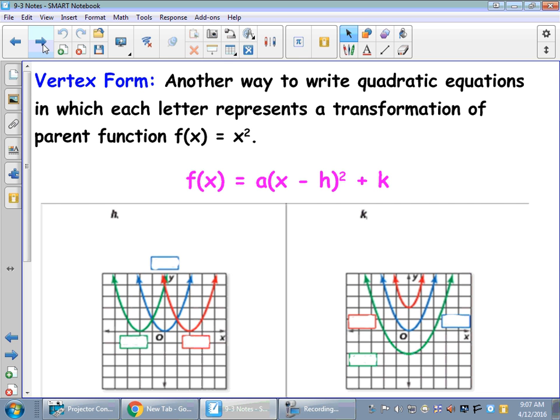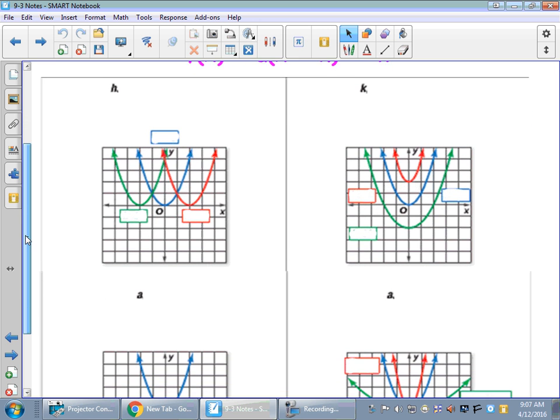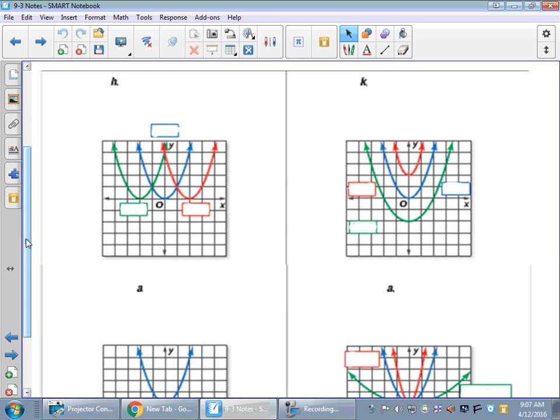What I would suggest at this point is to get either some highlighters so they don't bleed through your notes, or maybe some colored pencils or pens to go over and label in color, because it's going to be important that you understand what sign is making the graph go in which direction. If you look at these first two boxes here, I've got h and k.